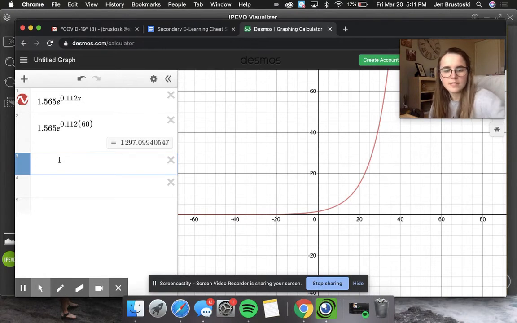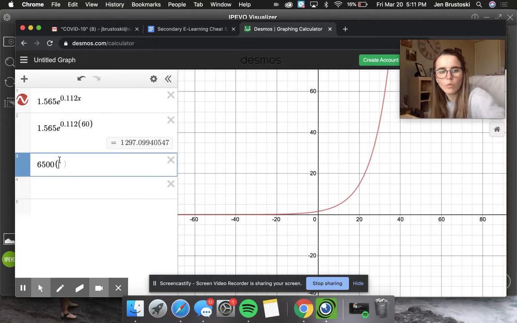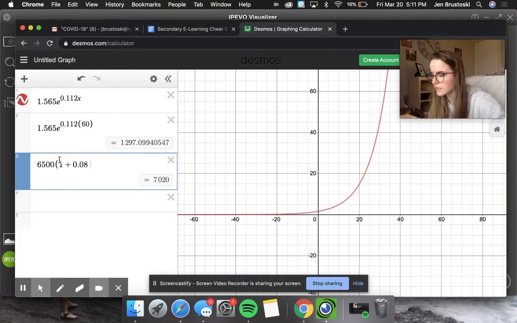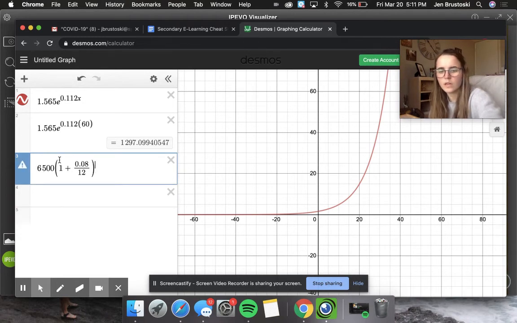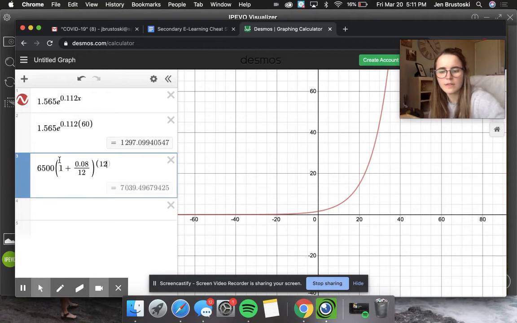So we've got 6,500 times 1 plus 0.08 divided by 12. And then we have to put parentheses around 12 times 7, otherwise it won't work.